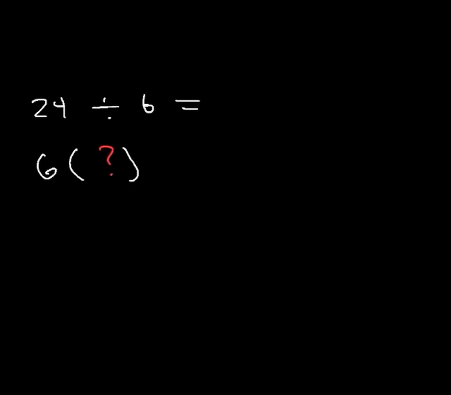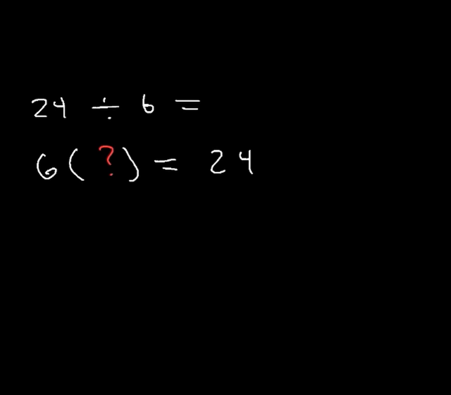So let's try another example. What is 24 divided by 6? So 6 times what number is equal to 24? So hopefully you have your multiplication tables memorized at this point. But take a minute, see if you can figure this out without the use of a calculator.